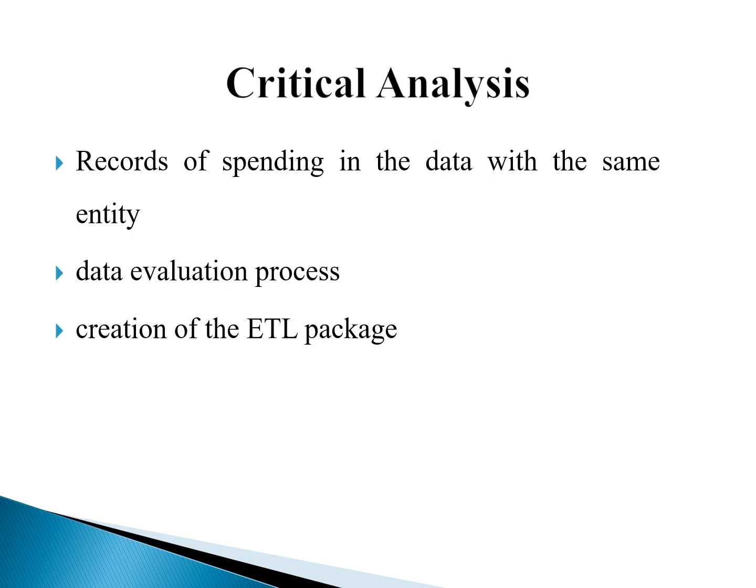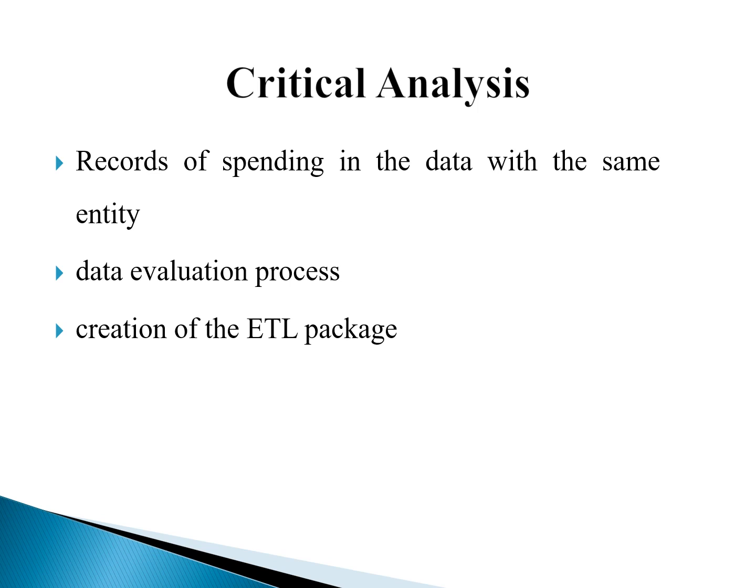For the critical analysis, there are many issues in the process of evaluation. The most important problem is that there are many records of spending in the data with the same entity, same date, same expense type, same expense area, same seller, even the same transaction number, just the spendings are different. The spending should be calculated in total, which will help in the data evaluation process.